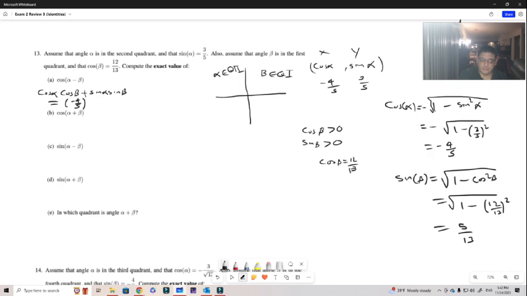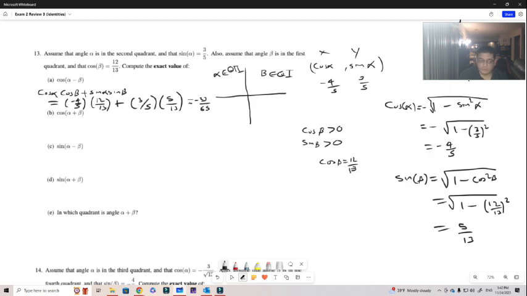Cosine of beta is 12 over 13. And then plus 3 over 5, 5 over 13. Notice that we don't need to take the cosine of these values, they already are these values. So that's what we need in here. And then you multiply all this, and at the end, this is going to give you minus 33 over 65.